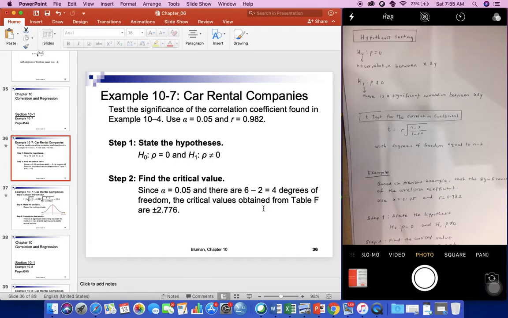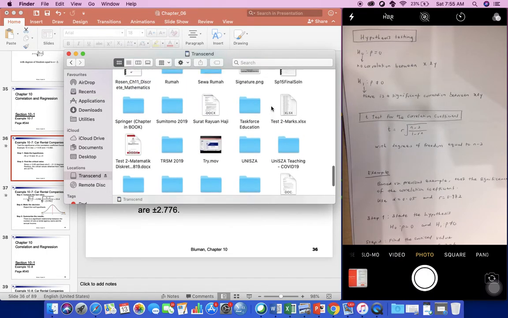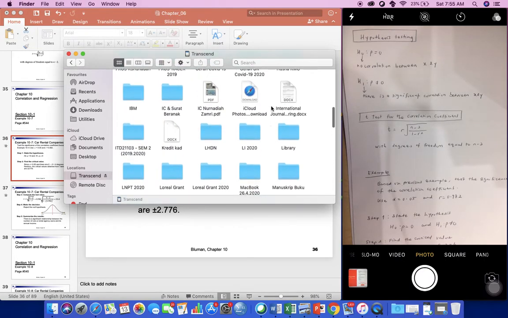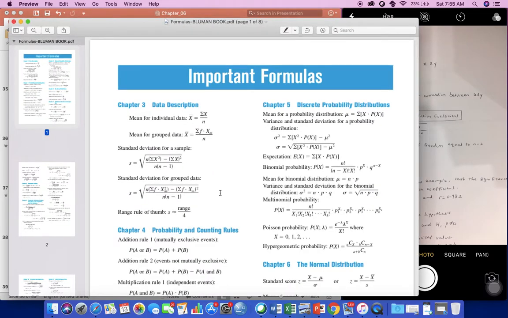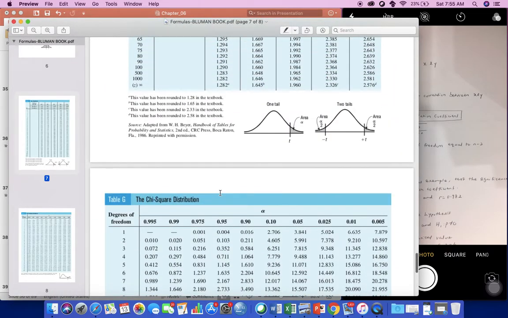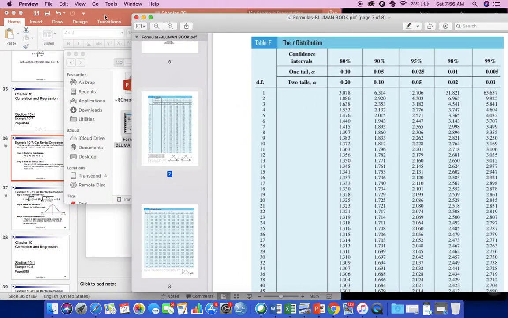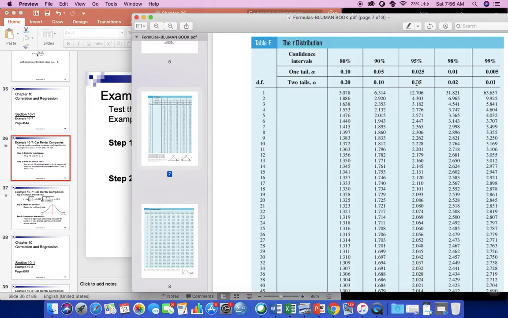Then we search in table F. Okay, table F. Two-tail is here, 0.05 is here, and degree of freedom is 4.